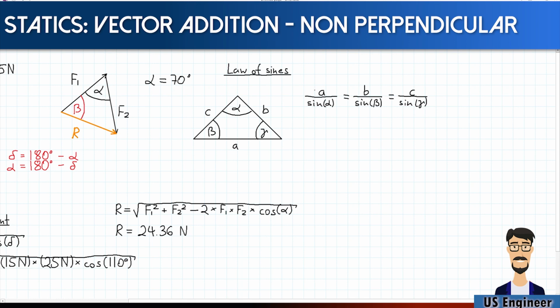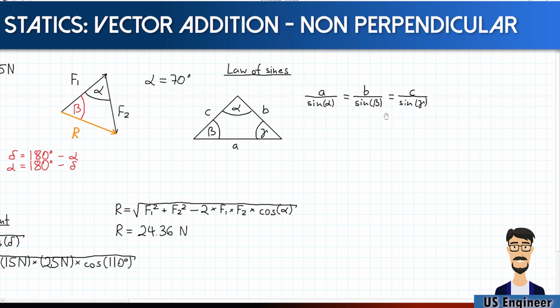Let's start with the angle between F1 and R. So I'm looking for beta, and if you compare this triangle and this triangle, you'll see that R is basically A on this side, and F1 is going to be C, F2 will be represented by B. In this regard, since we're looking for beta and we have alpha, we need to use this portion of the equation, excluding C and gamma.